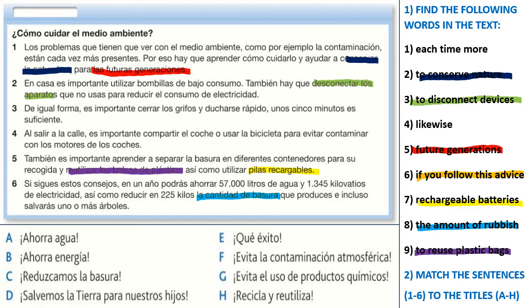And then you're looking at number 6. Si sigues estos consejos. Now that's quite difficult to do because it may take you a bit more time to work through the whole text, but what you need to do is, if you really are struggling, look at the grammar.